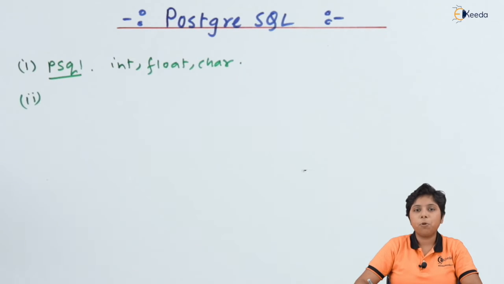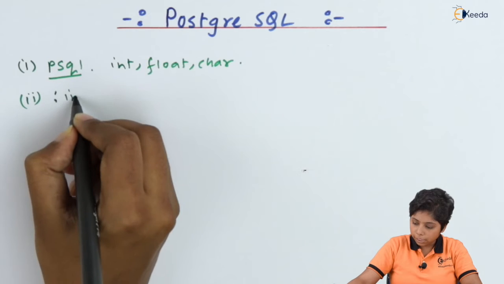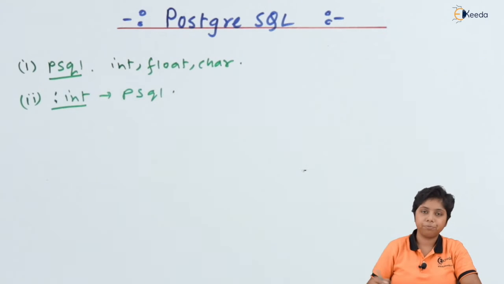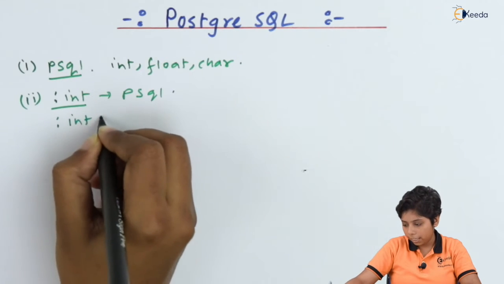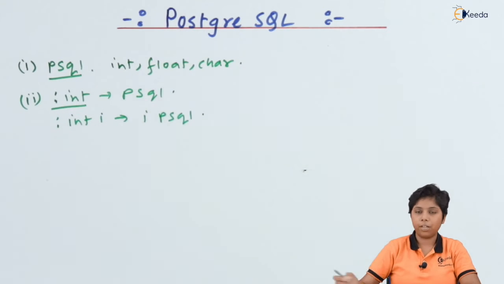Now we can interpolate the SQL variables within these PSQL variables by giving a colon in front of the name. So with the interpolation, this colon int now becomes a PSQL variable. Other than that, if we give say int I, now my I becomes a PSQL variable.